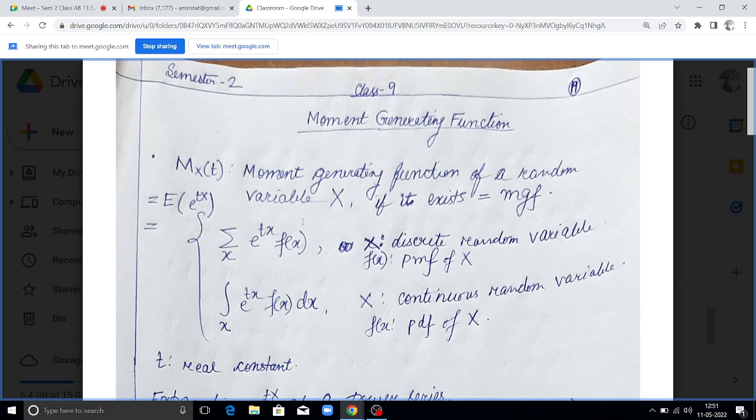Capital X is the discrete random variable, whereas small f(x) is the PMF of x. What is PMF? It is the probability mass function.